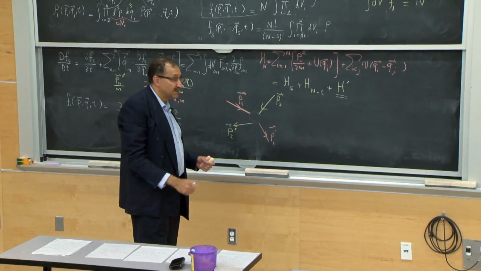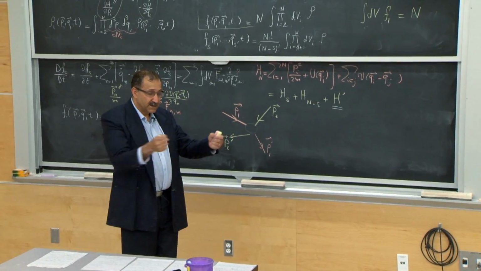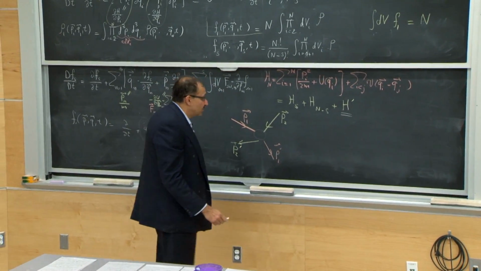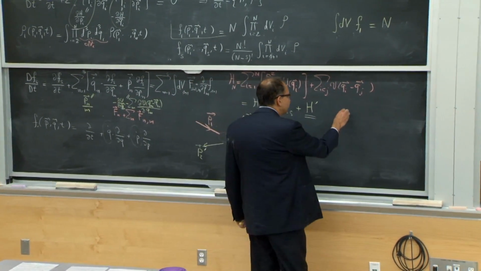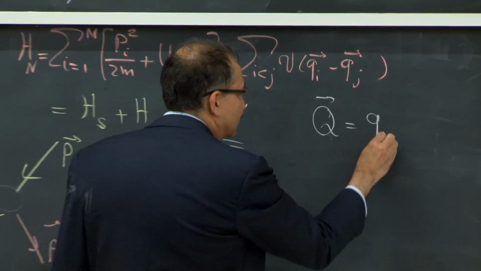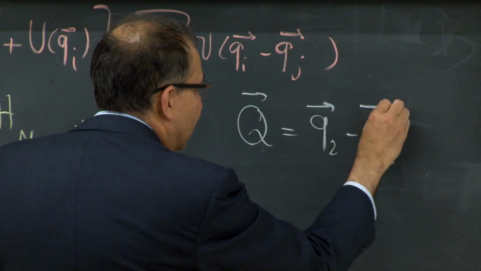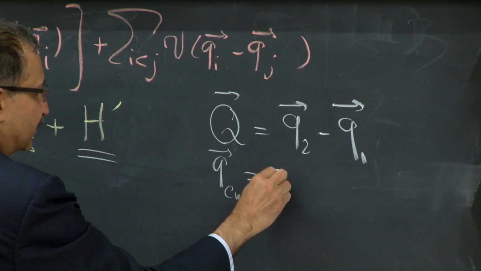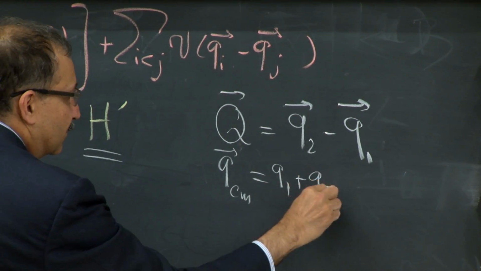Nothing interesting will happen. So the important thing is how close they come together. It is kind of important that I keep track of the relative coordinate q, which is Q2 minus Q1, as opposed to the center of mass coordinate, which is just Q1 plus Q2 over 2.